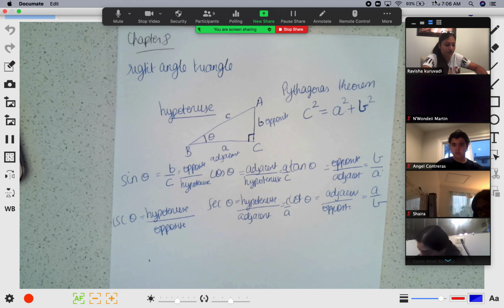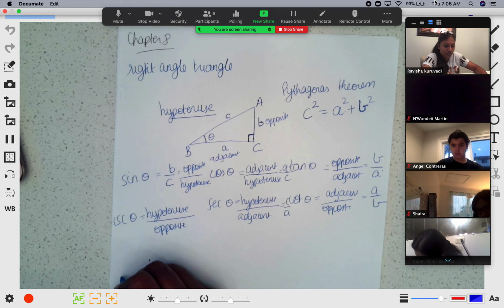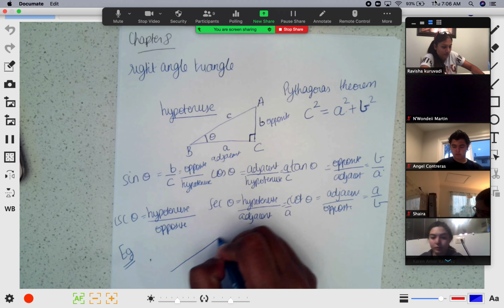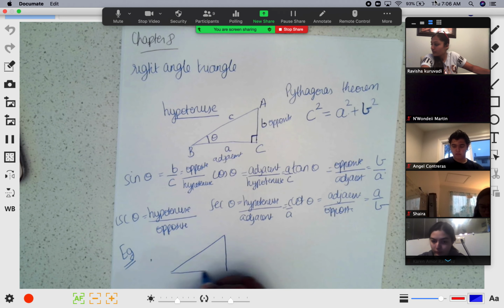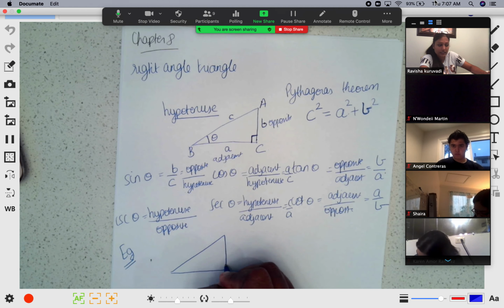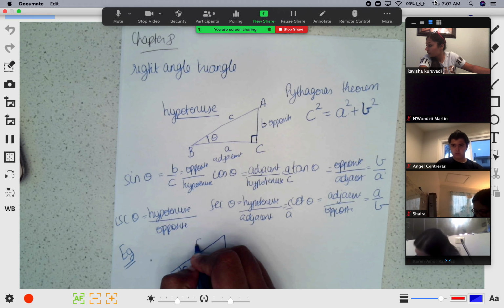So let's see. The exact question you'll get is, you are given this triangle. This is your 90 degrees, this is your theta. You are given 5 and 3.